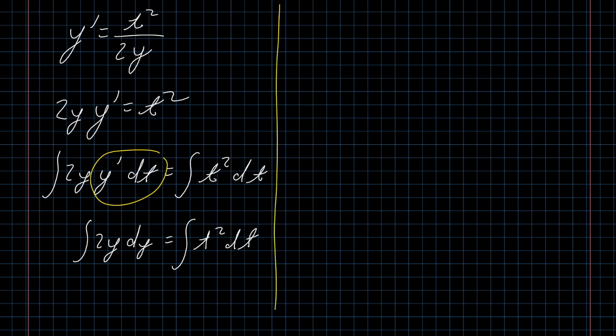You will get so used to that you forget to write the intermediate step out, but I don't expect you to be there yet. Right, directly integrating from here, the integral of 2y is just y squared. The integral of t squared is 1/3 t cubed, and then I'm going to have my plus c.